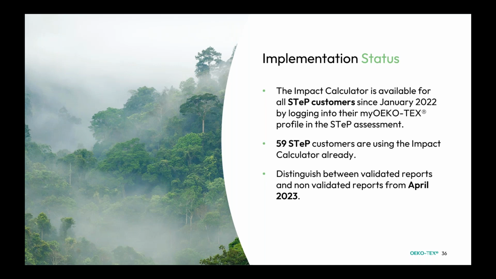By logging into the My OEKO-TEX profile, STEP customers could use it in the STEP assessment. We now have 59 STEP customers who are using the impact calculator already, and it now distinguishes between validated reports and non-validated reports from April 2023.